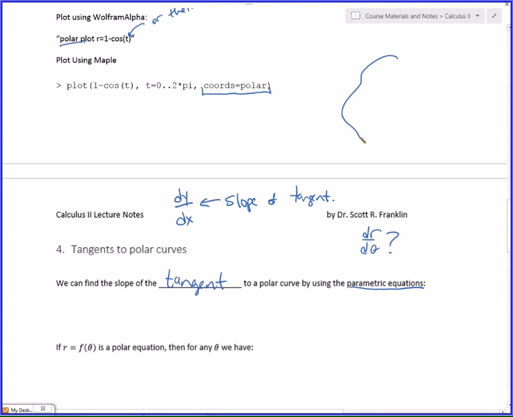You don't have to write this down, but dy/dx was dy/dt over dx/dt. Remember that? If you've done your homework for 10.2, we had to do that, right? To find the derivative of y with respect to x, you do the derivative of y with respect to t over the derivative of x with respect to t. Well, here's the trick.